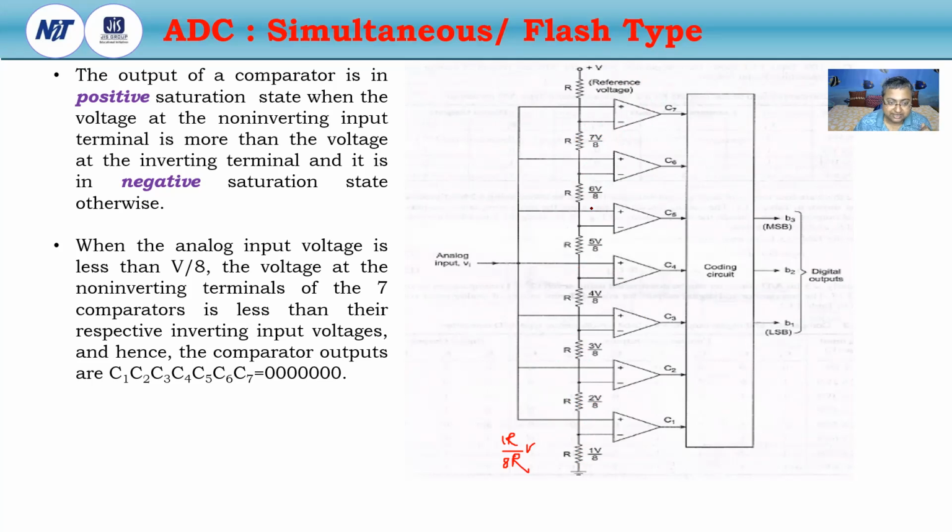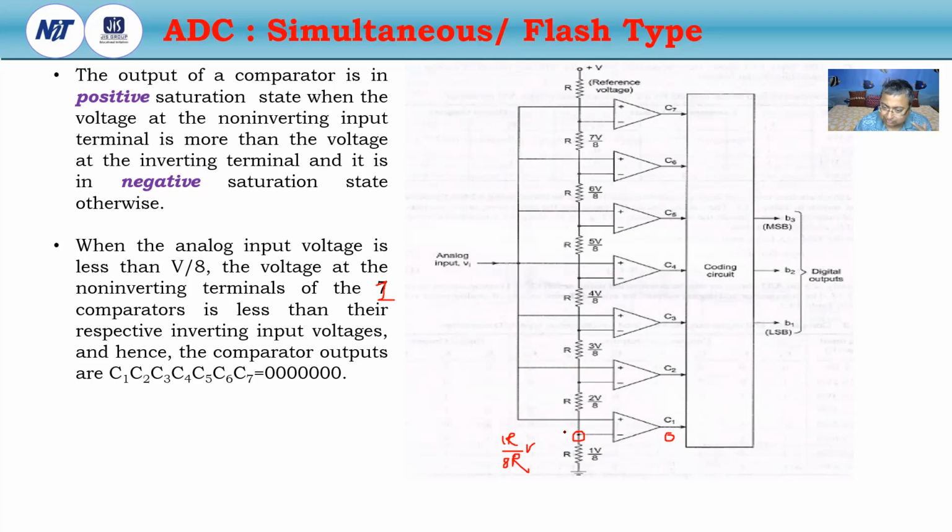Now, if the input voltage is less than the first comparator reference voltage, then the output of the comparator will be logic 0. All the comparator outputs should be logic 0, because the analog input is less than their reference voltages also.